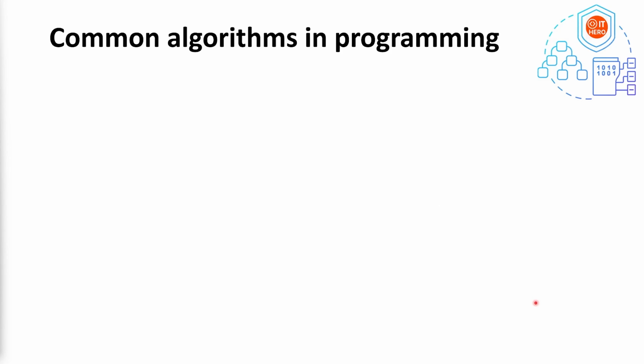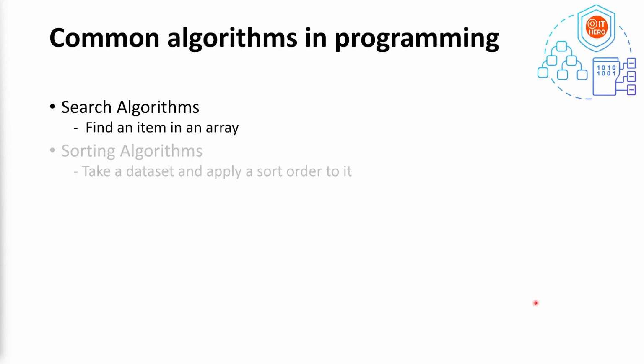Let's see some common algorithms. Nowadays we have searching algorithms, for example, finding an item in an array. Sorting algorithms, for example, if we take a data set as input and we want to apply a sort order to it, either ascending or descending.